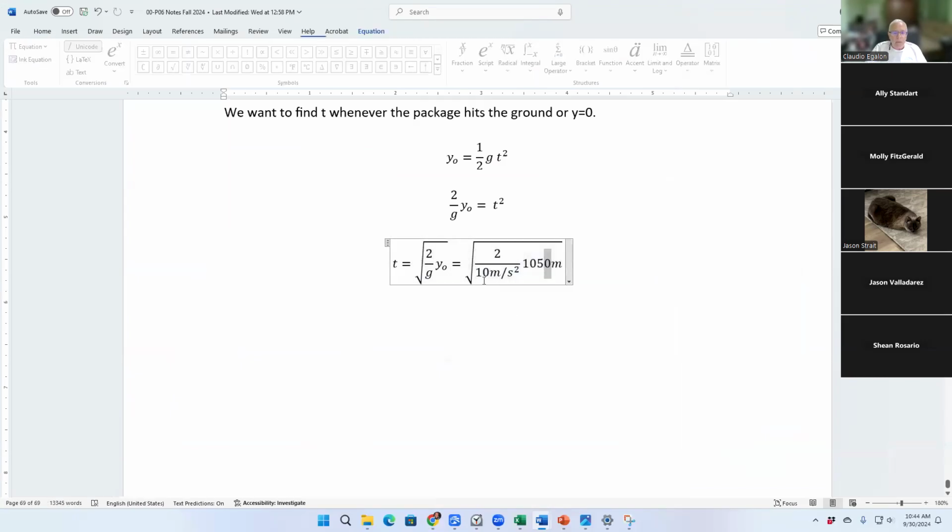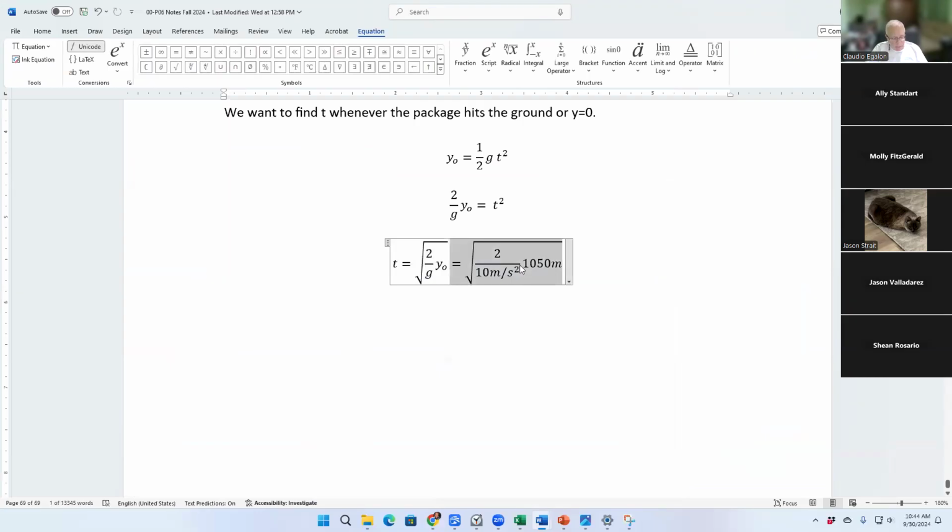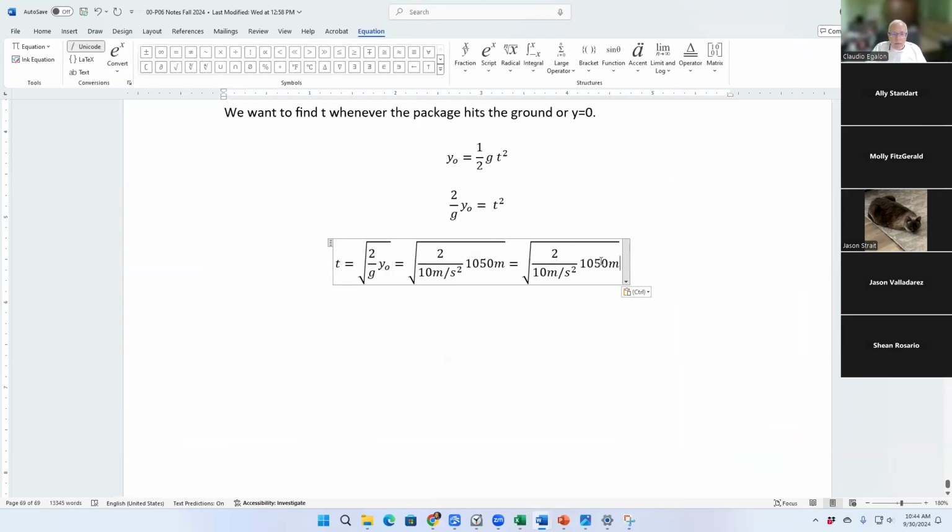The 0 here gets canceled out with this 10. This meter cancels out with this other meter. This second squared can be put upstairs.